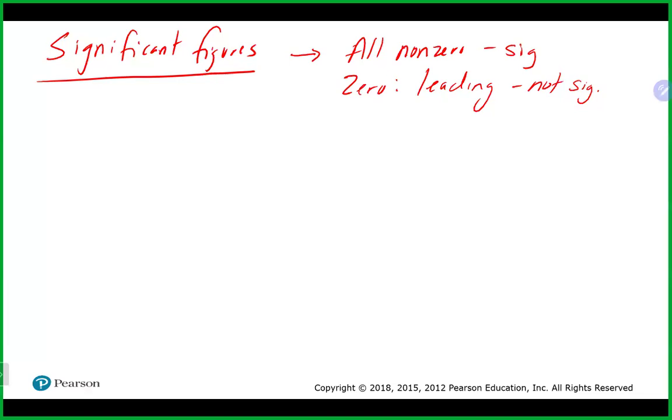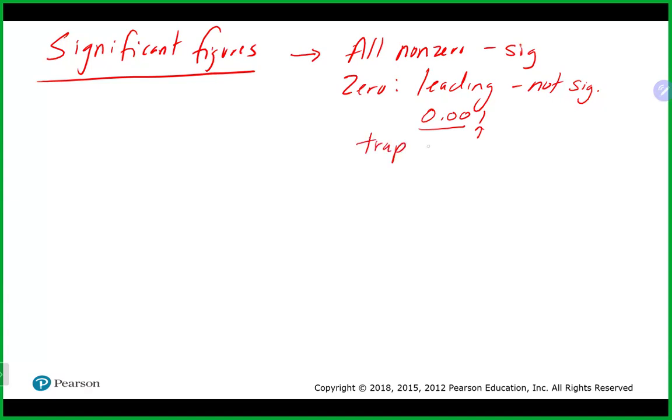You always go left to right, and you don't start counting until you hit that very first non-zero. So these leading zeros would come before that. All these zeros do not count, because that one right there, for example, would be our very first non-zero number that we count.